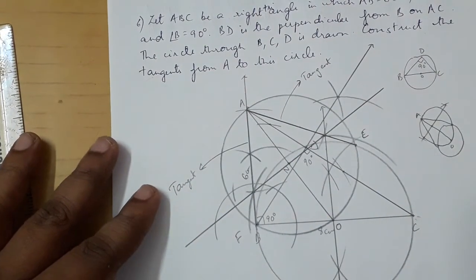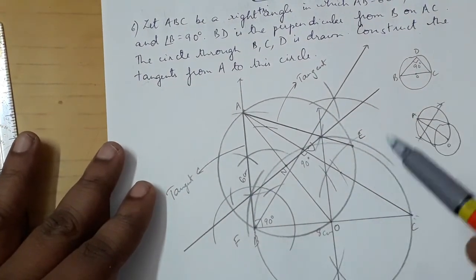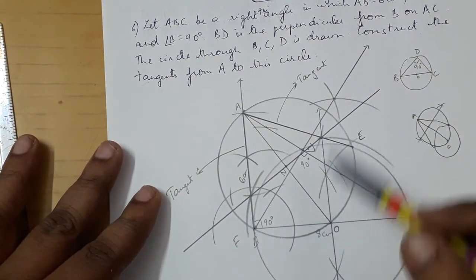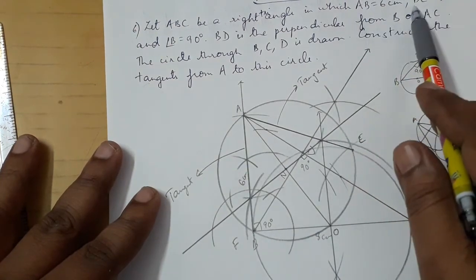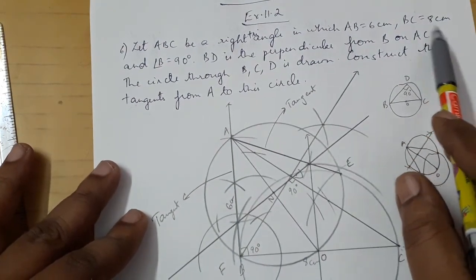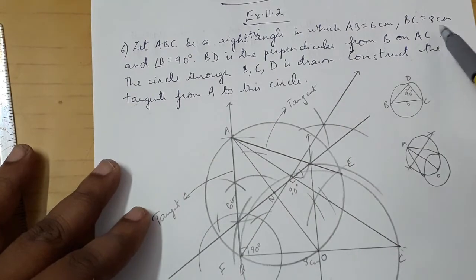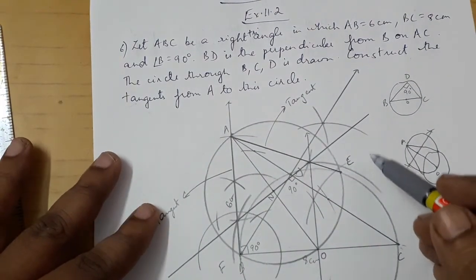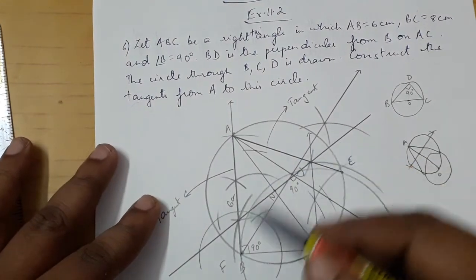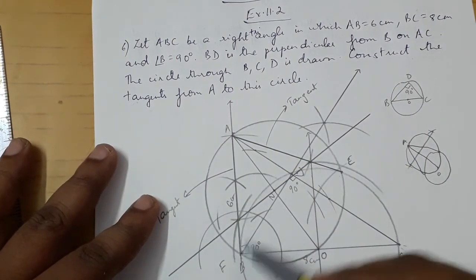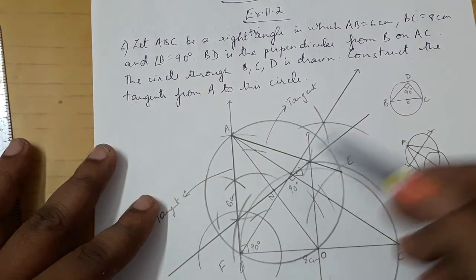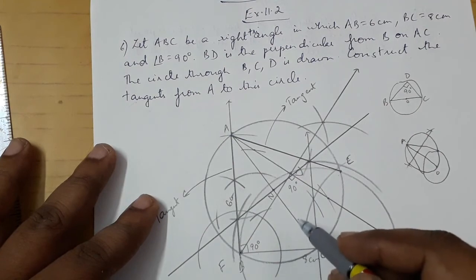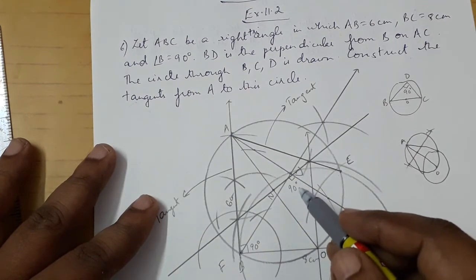Okay, so what we did was first we just drew a right angle triangle, because we were given AB equal to 6 centimeters, BC equal to 8 centimeters, and angle B equal to 90 degrees. We drew the 90 degrees. Once that was done, we went to construct a circle passing through B, then through D and C, using the property of angle in a semicircle.